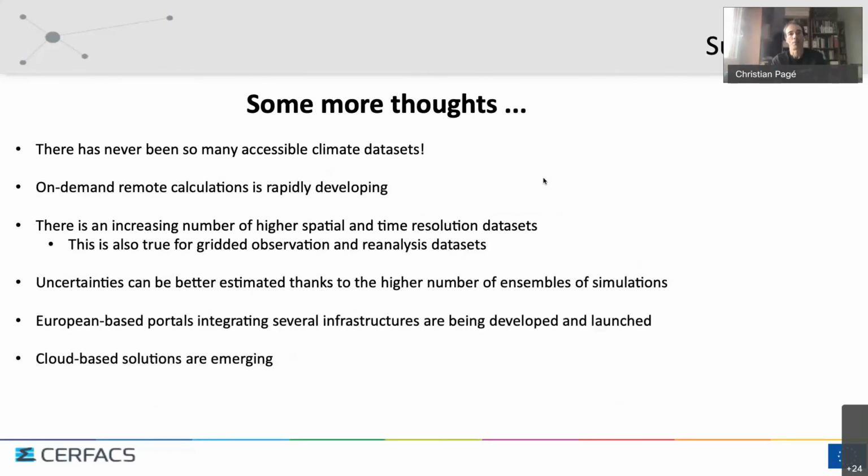Some last thoughts. I think it's good because there have never been so many accessible climate datasets. On-demand remote calculations were not possible before, but now it's rapidly developing. And there is an increasing number of higher spatial and time resolution datasets. This is true for gridded observation and reanalysis datasets too.